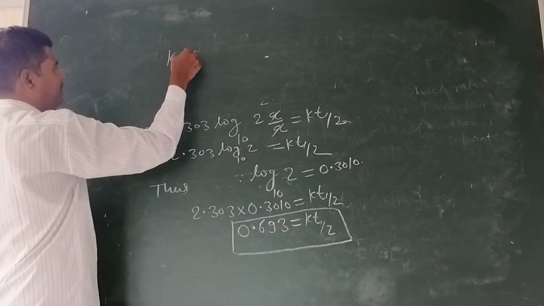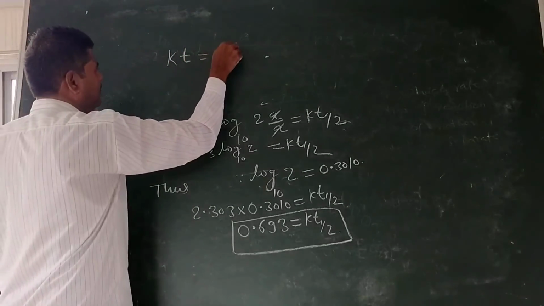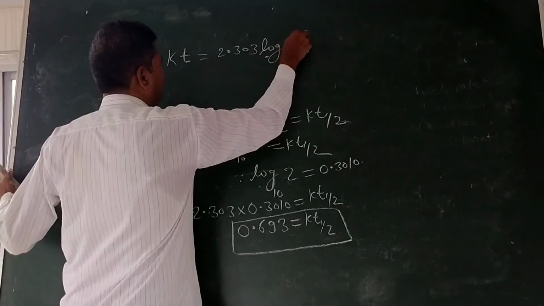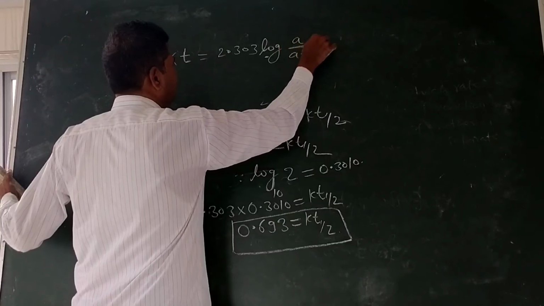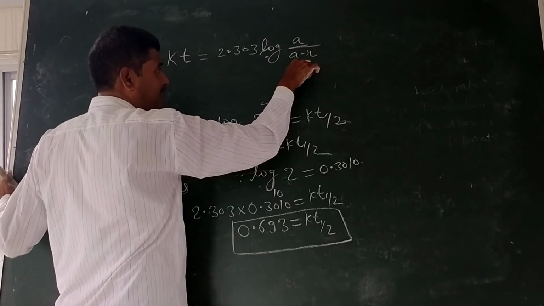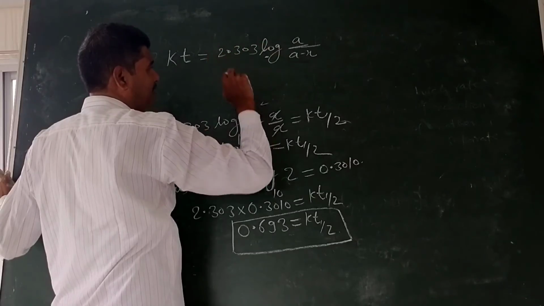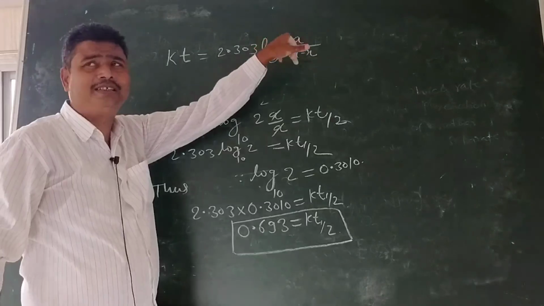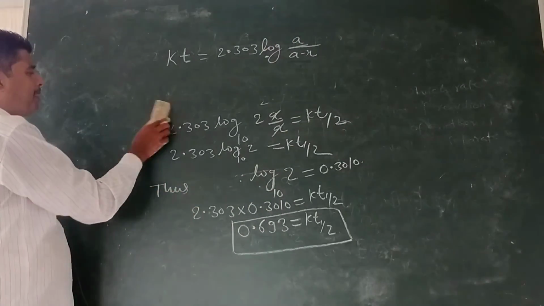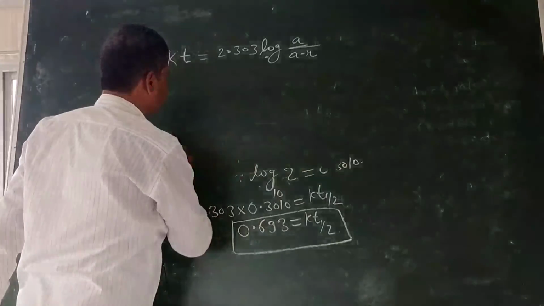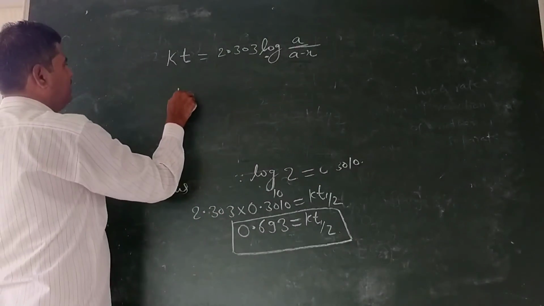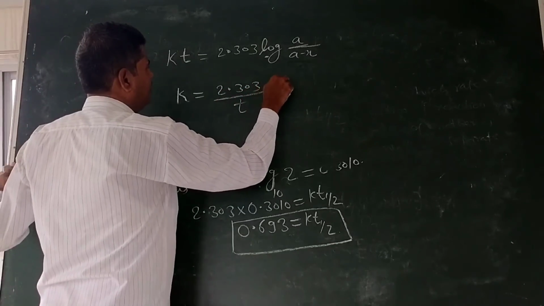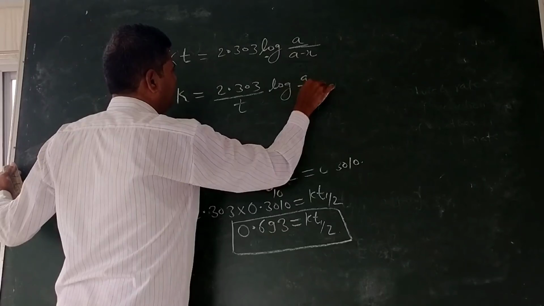On the basis of the rate expression, kt is equal to 2.303 log a upon a minus x. A is concentration, a minus x is the remaining concentration, that is also concentration. The units of both concentrations will cancel each other. Thus k is equal to 2.303 upon t log a upon a minus x.